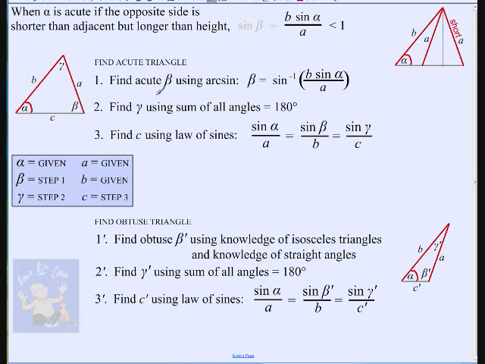What do we do then? We go through everything we did previously. We find the acute angle in our triangle, and then we find the obtuse version.